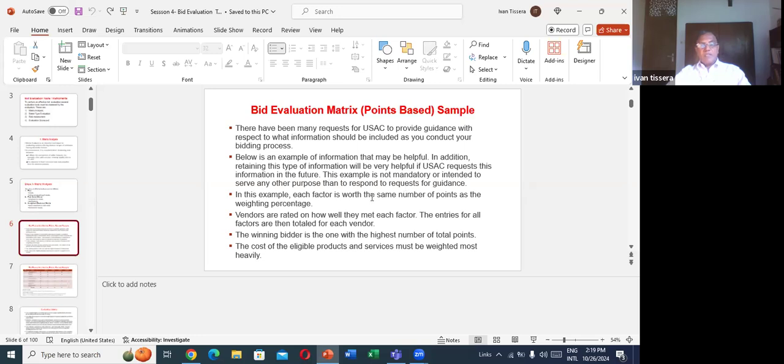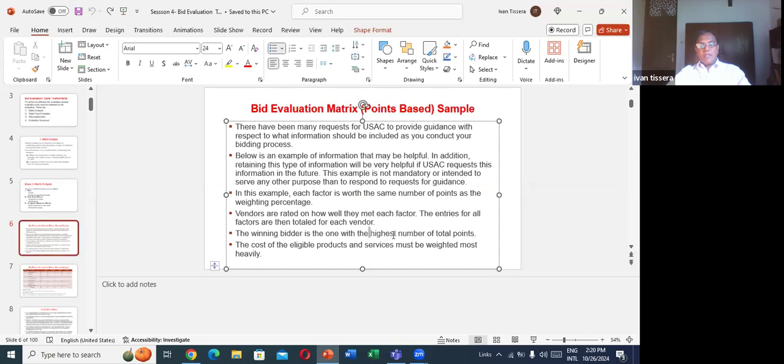In this example, each factor is worth the same number of points as the weighting percentage, right? We'll see. Vendors are rated on how well they meet each factor. The entries for all factors are then totaled for each vendor. The winning bidder is the one with the highest number of total points.